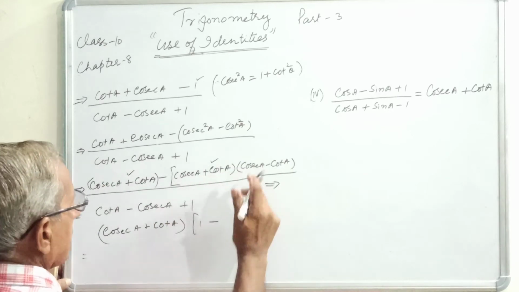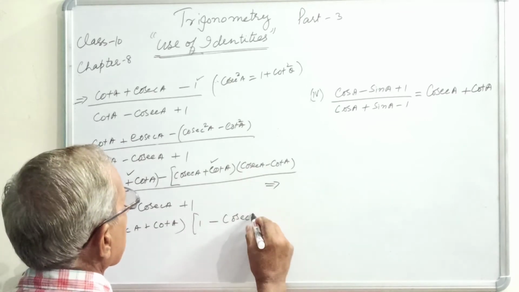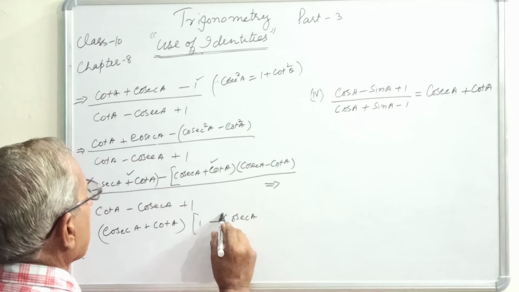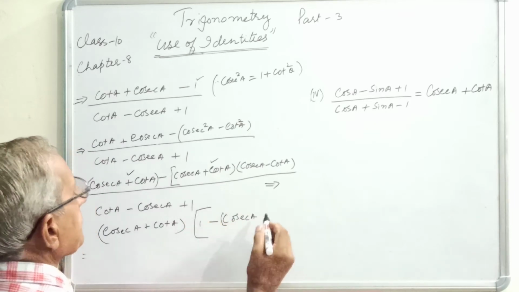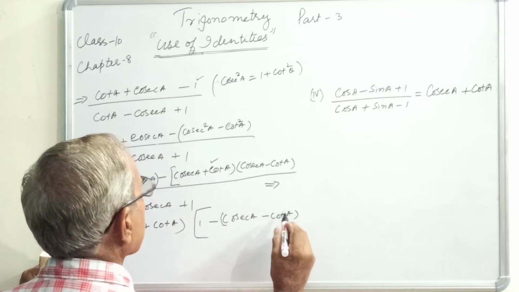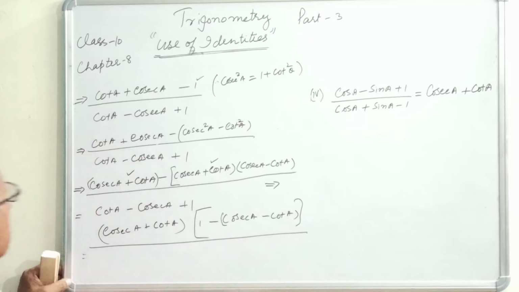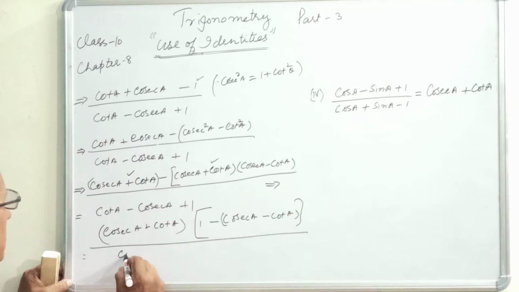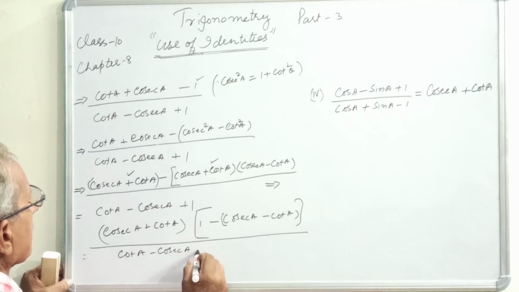minus cosecant A minus cotangent A, cotangent A minus cosecant A plus 1.